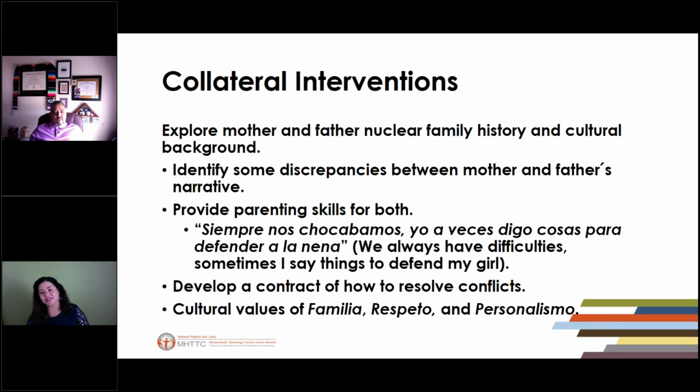In one of the sessions, there was a conflict about who's going to pick up, at what time and where. We tried to create a contract explaining in a very detailed way what we needed to do to accomplish the pickup time so that everyone was happy.